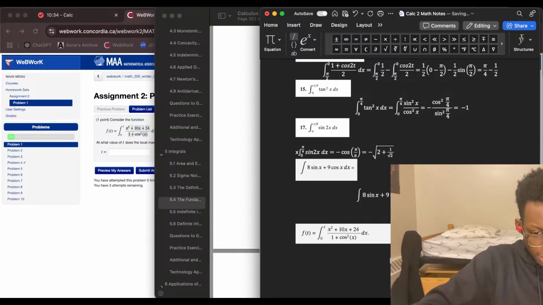Then multiply t, and then it's just x squared plus 10x plus 24 divided by 1 plus cos squared x.